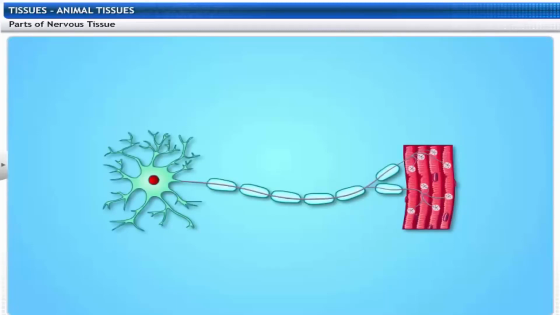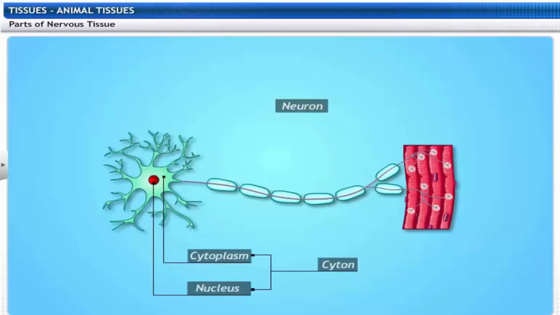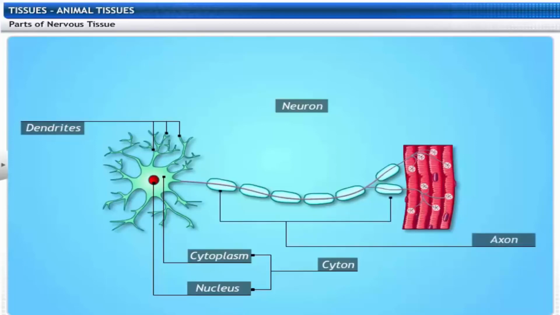Nervous tissues have elongated cells called neurons. Each neuron consists of a cell body with a nucleus and cytoplasm called cyton, and elongated hair-like extensions called dendrites. One of the dendrites, called axon, is very long.